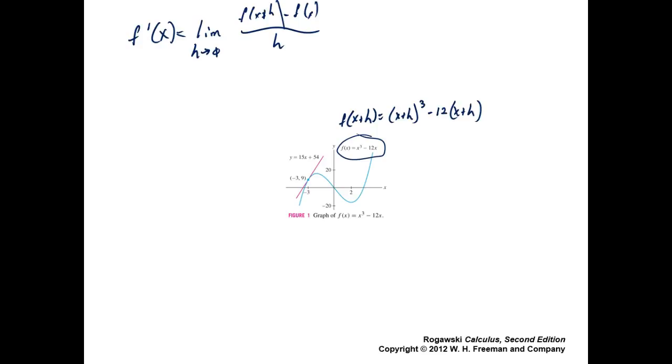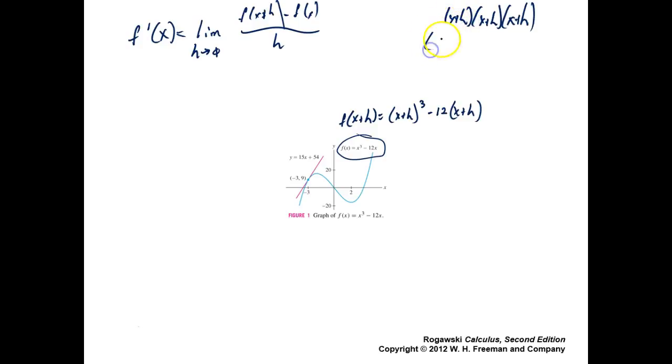How would you cube x plus h? You tell me. Yeah, you multiply it by itself 3 times, okay? So that's going to be x plus h times x plus h times x plus h, okay? Now you want to do the first 2 first and then multiply by the third, or do the first times the next 2? It doesn't really matter. Which way would you do it? First 2?